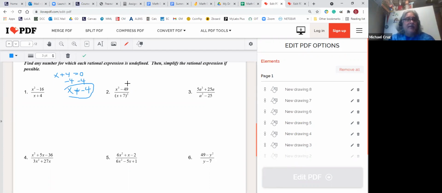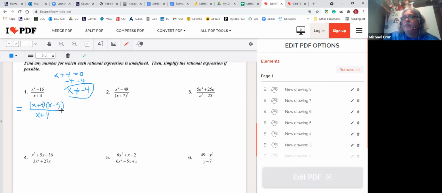Now, to simplify this, what we're going to do is factor anything that's not factored. In this case, the denominator is already factored. And then up here, this factors as x plus 4, x minus 4.